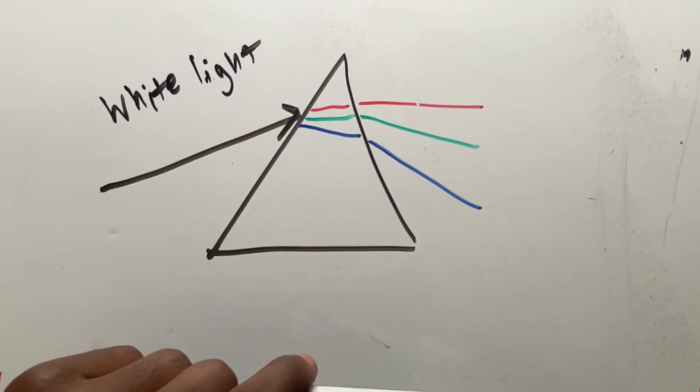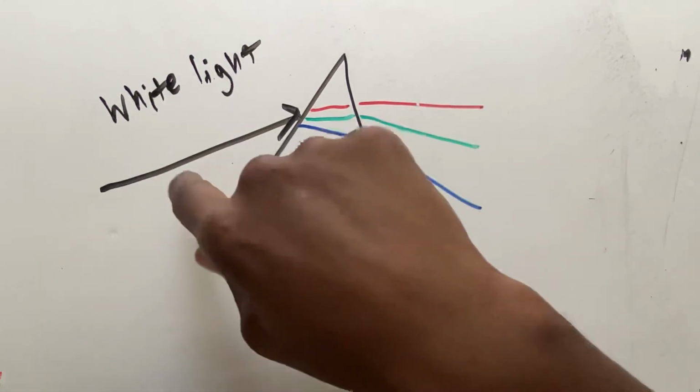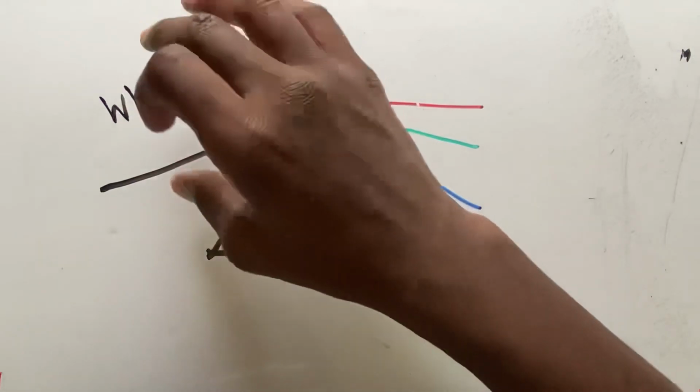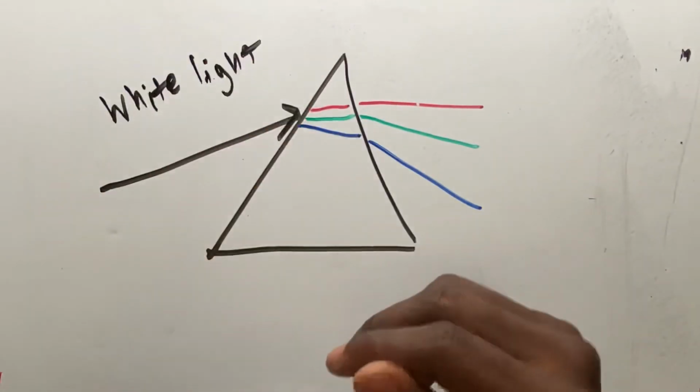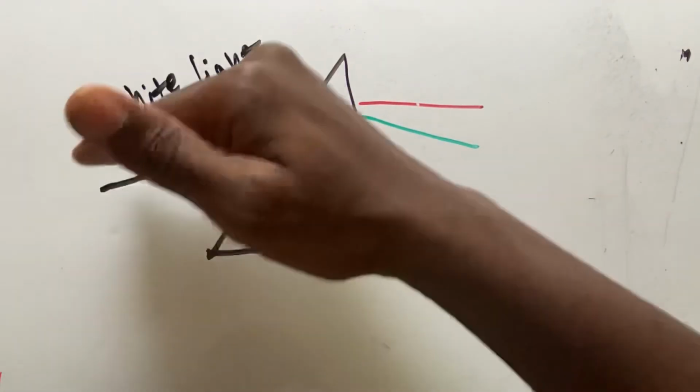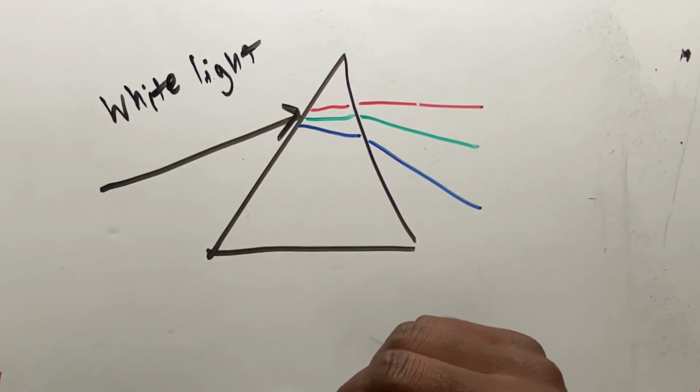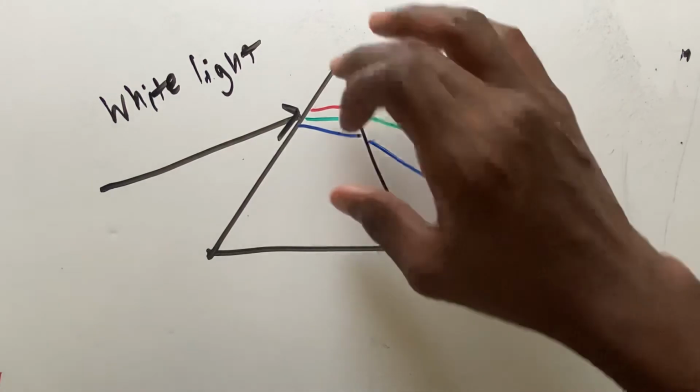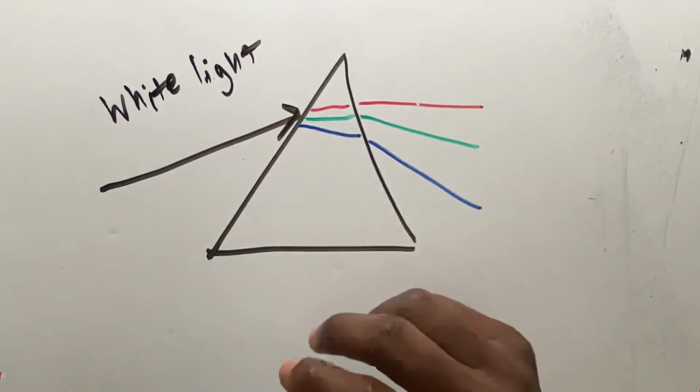Now, once the light slows down, since this white light is full of a bunch of different colors, or a bunch of different frequencies of light, they all bend a different amount.